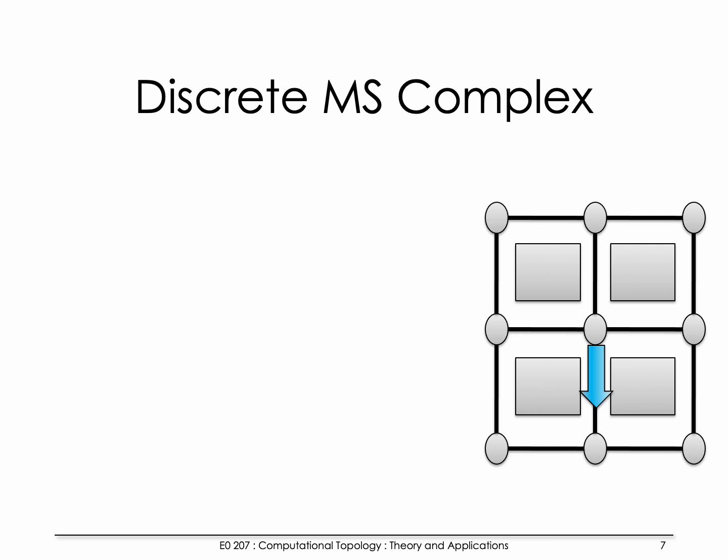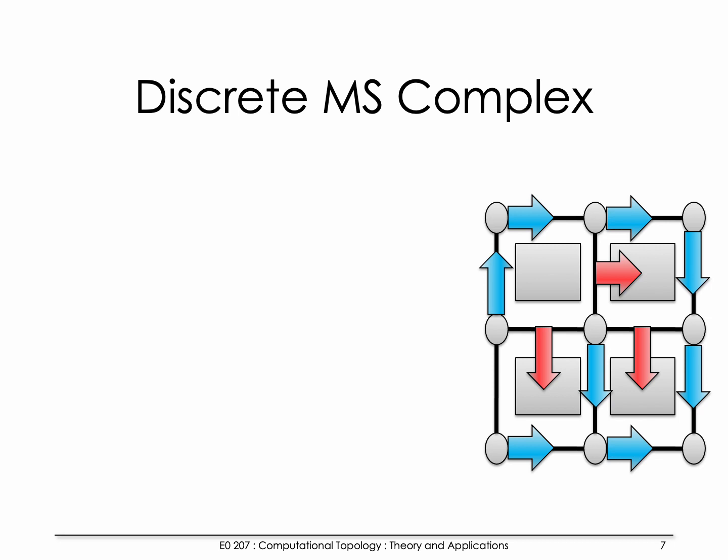We saw that the gradient pairs can be between nodes and arcs. They can be between arcs and two cells. We talked about V-paths, alternating cells in terms of dimension. These V-paths could be in higher dimensions as well.